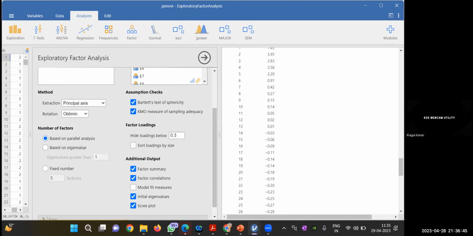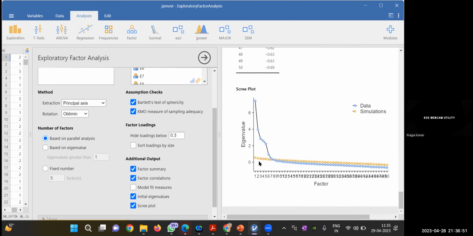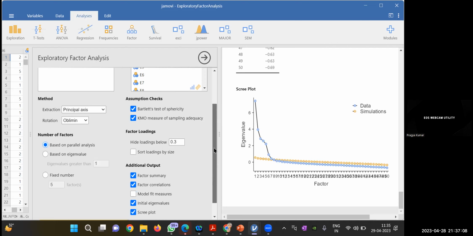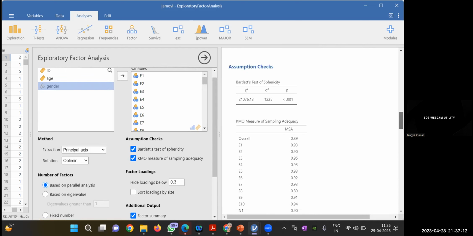I said that parallel analysis is best. If you click on parallel analysis, your scree plot will be the same, but there will be another graph with the random population. The yellow balls are for the simulation, and this is from the data. It is giving you 6 factors, and this is giving you 5 factors. So it depends on how many factors you want to take.